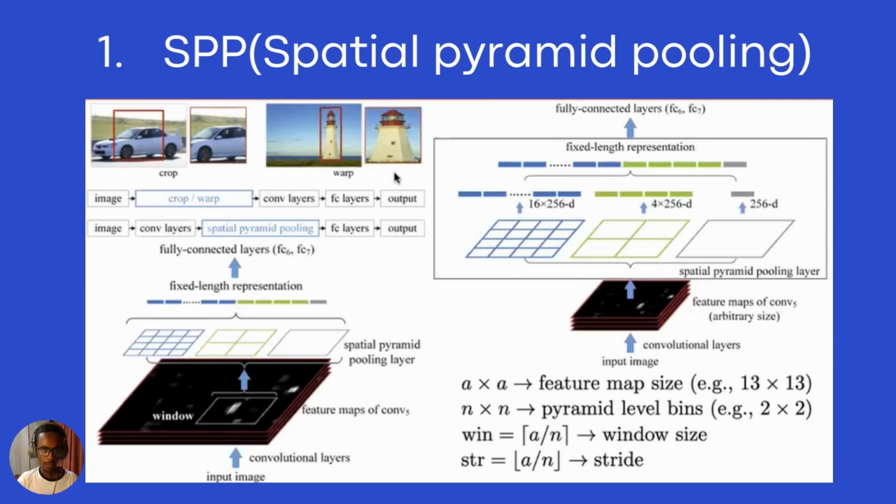So we're going to do a 4x4, 2x2, and 1x1 pooling operation on that window. And we're going to create a fixed length representation, and finally we're going to pass it into the fully connected layers. So when we do this, we're not going to be warping the image, so there is no need to crop and pass different patches of the image when we use a pre-computed window on a feature map.